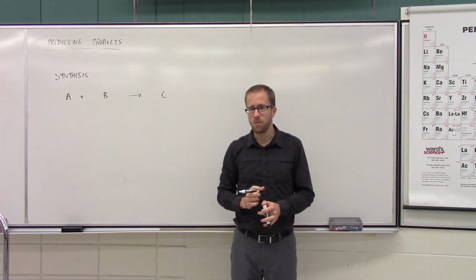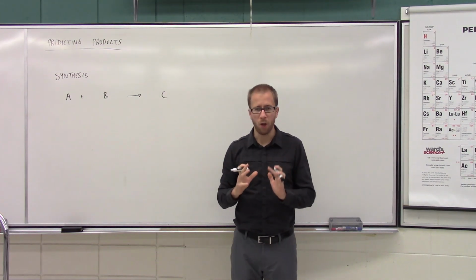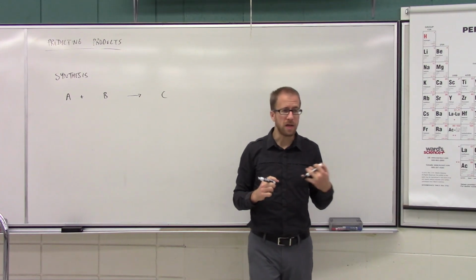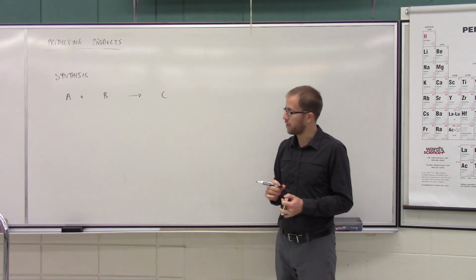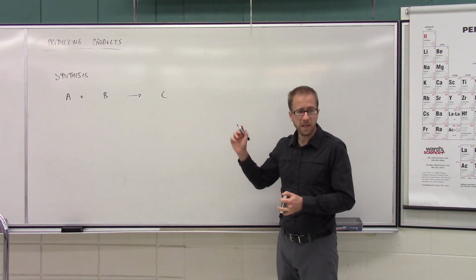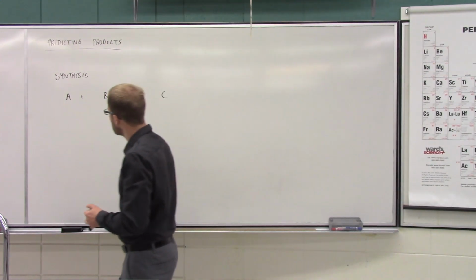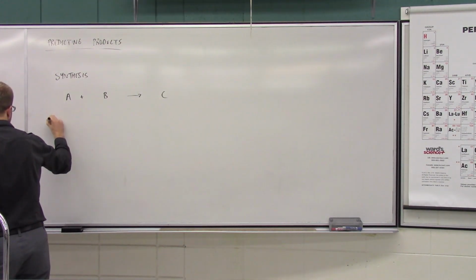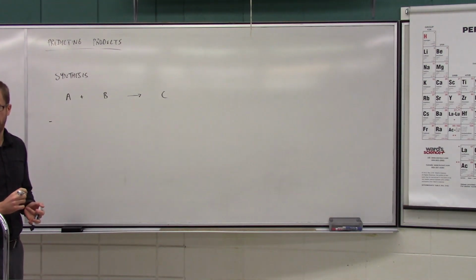I'm not going to be giving you a complex problem where you have 2 compounds that form one large compound, because you guys don't have the ability to discern that is a synthesis reaction. What I will give you is 2 elements. So for any synthesis reaction I give you, A and B here are going to represent 2 different elements.